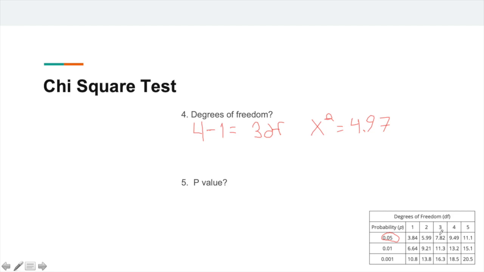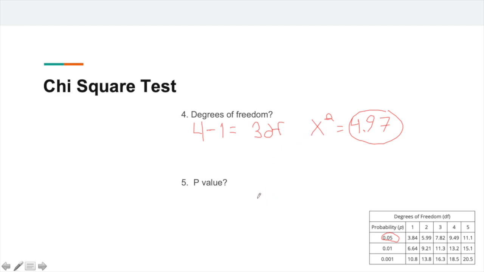So we're going to be looking at this column right here. For us to say our results are significant, our chi-squared value should be less than 7.82. All the values in the table here are the chi-square values. And in order to have a 0.05 under the 3rd degree of freedom, we need to have our value less than 7.82. And as you can see, we had 4.97, less than that.